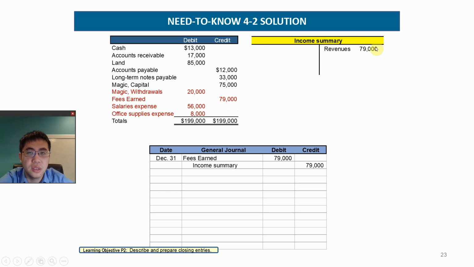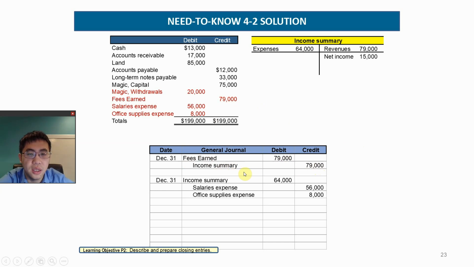and after its transfer it is a credit. So what you do there is that for fees earned, you add a $79,000 debit to make sure these two cancel each other. You see 79 positive, 79 negative, they cancel. And then that amount will be transferred to the income summary after the cancellation.